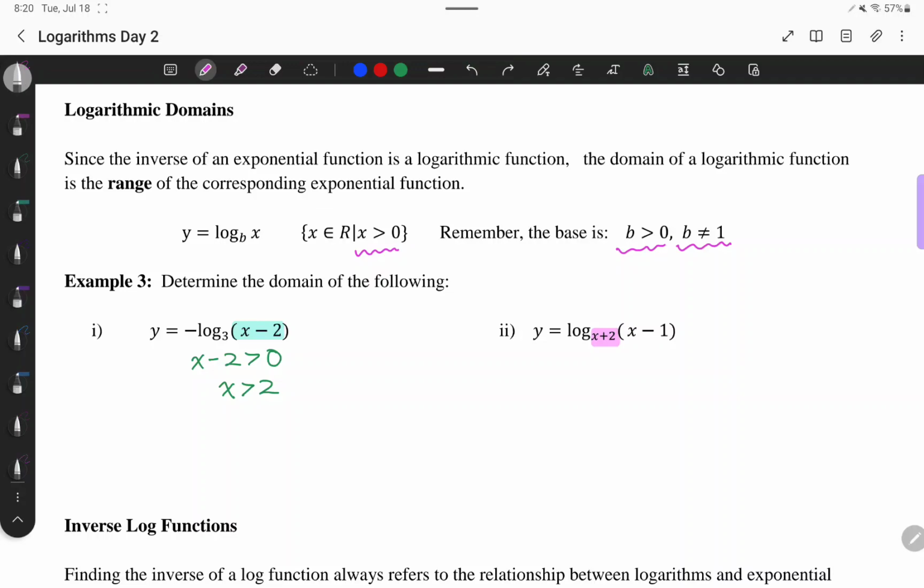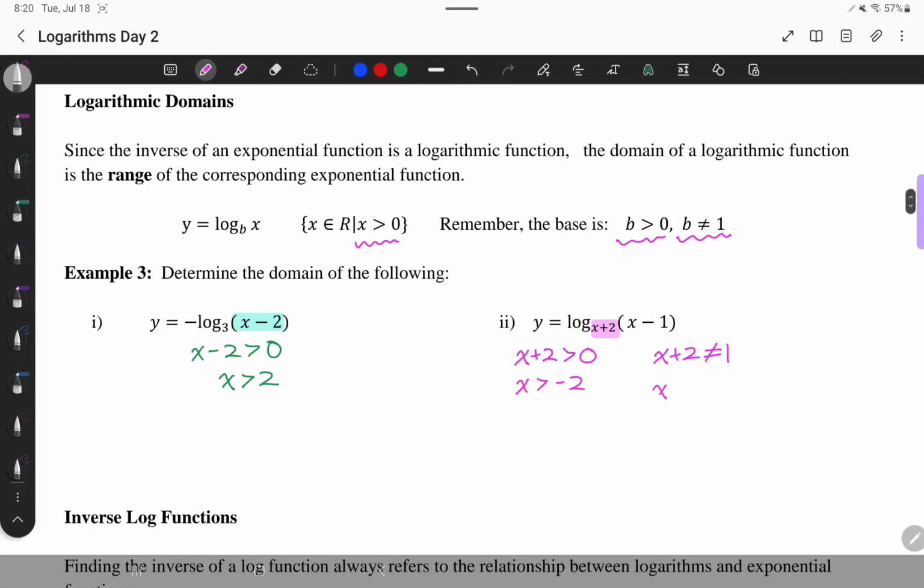So we'll be writing out several different restrictions for this. One restriction is that x plus 2 must be greater than 0. And I'll just rewrite that as x must be greater than negative 2. A second restriction is that x plus 2 cannot equal 1. So both of those restrictions are coming from this restriction on the base of a logarithmic function.